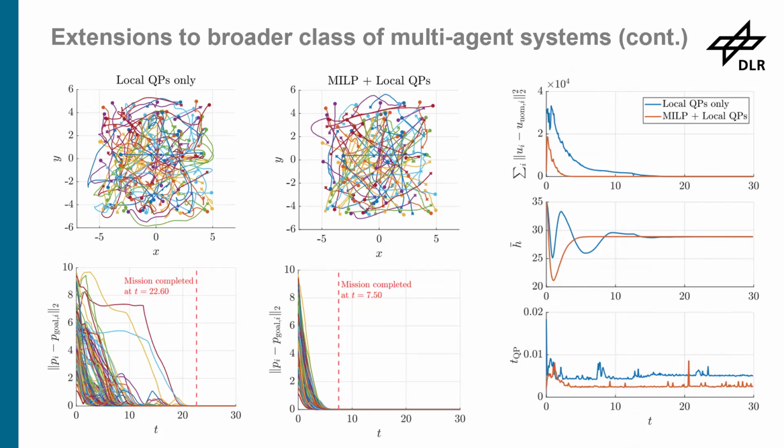And also, you can see here the mean computation time for each of the QPs was also lowered, thanks to the idea of just allocating the necessary constraints to the agents.